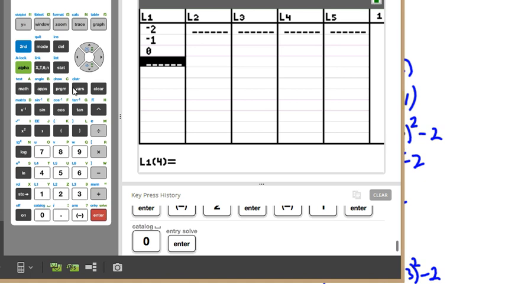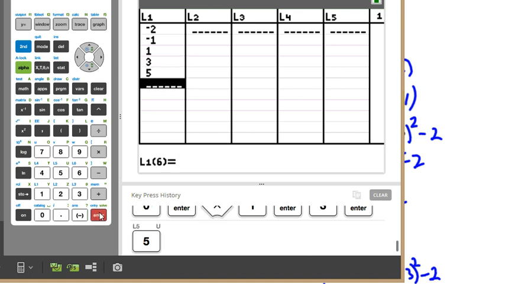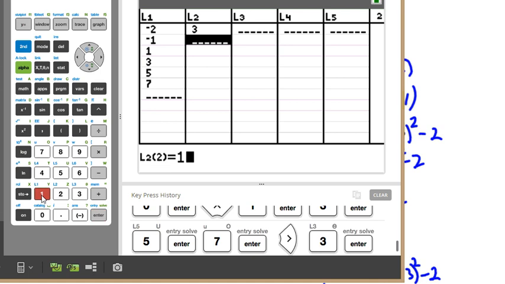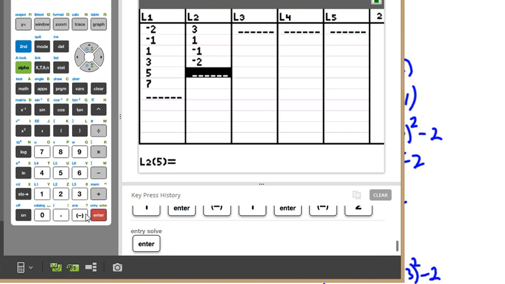Actually, it's 1. 1, enter, 3, enter, 5, enter, 7, enter. We come over here to the right. 3, 1, negative 1, negative 2, negative 1, and the last one is 1.